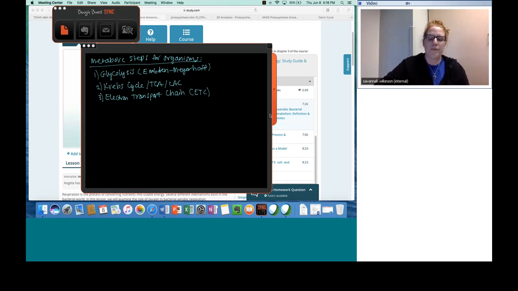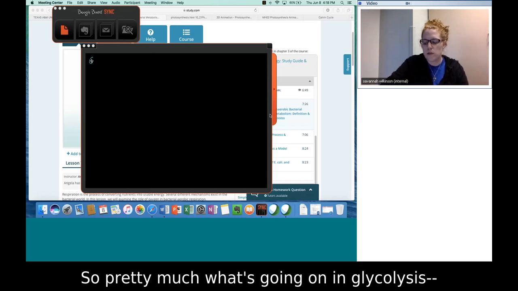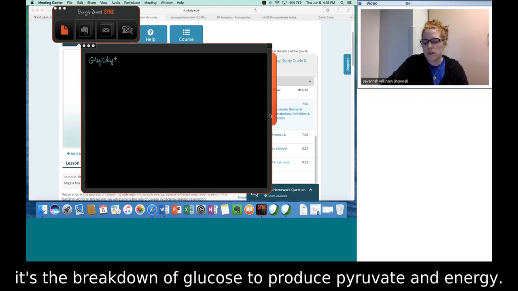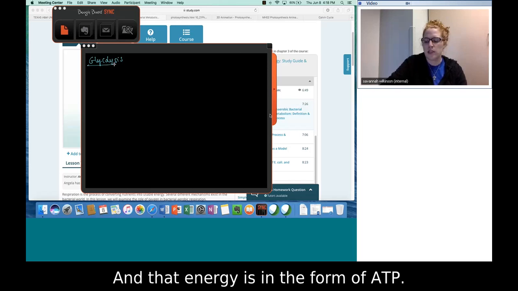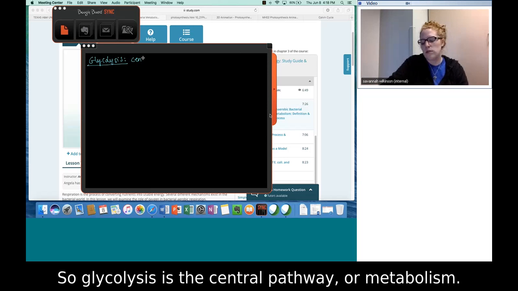Okay. So pretty much what's going on in glycolysis, it's the breakdown of glucose to produce pyruvate and energy, and that energy is in the form of ATP. So glycolysis is the central pathway for metabolism.